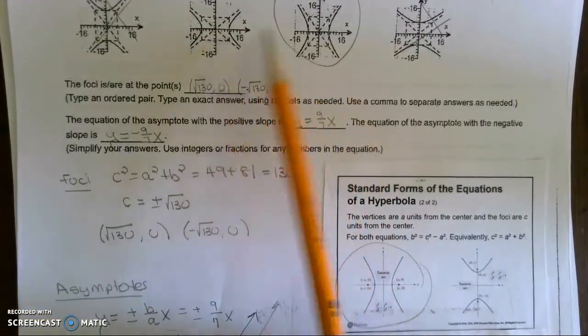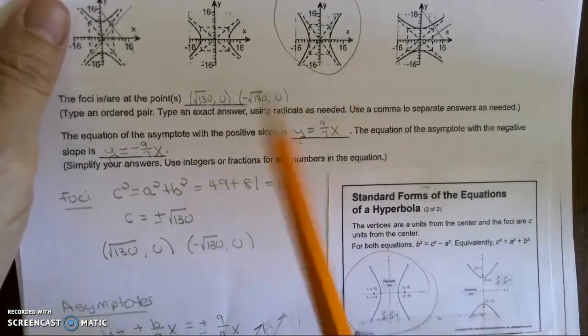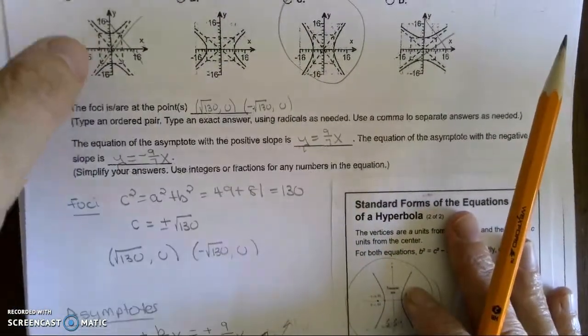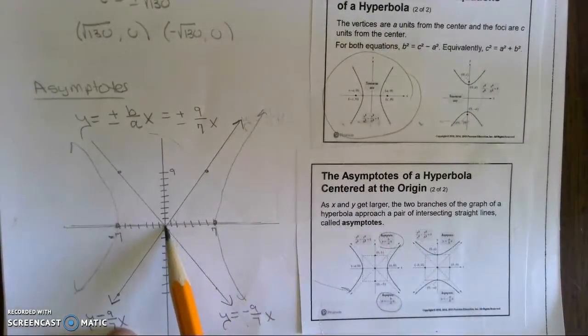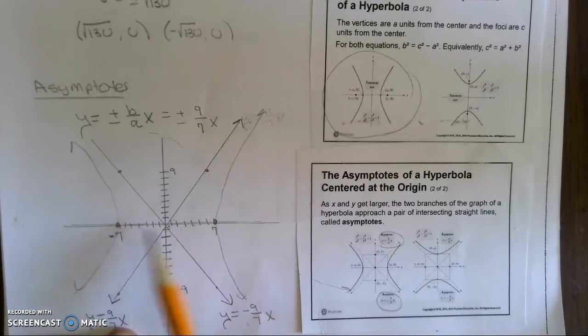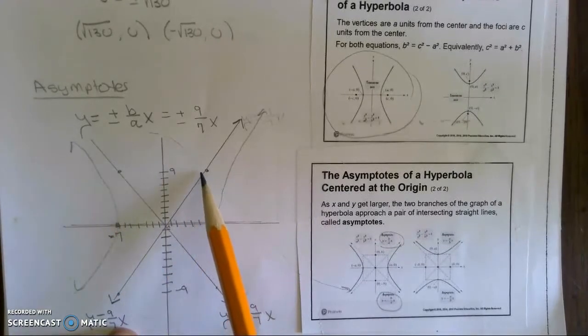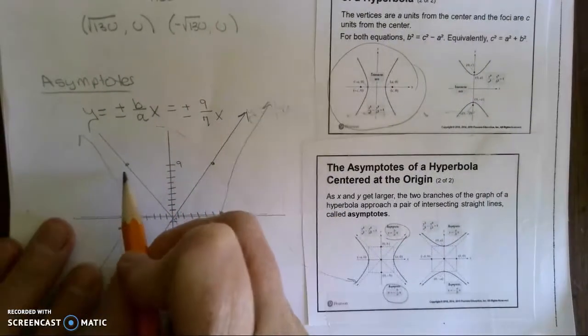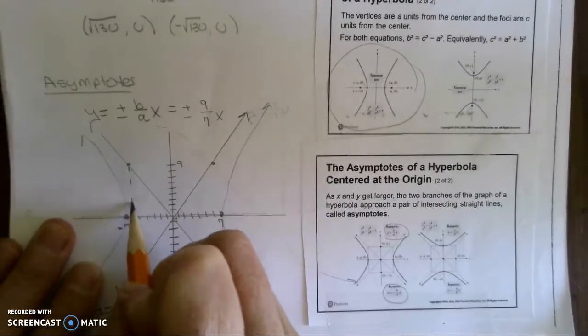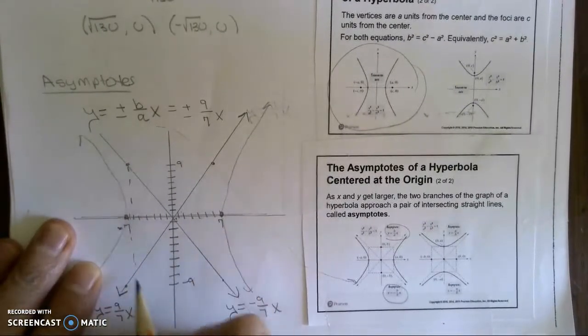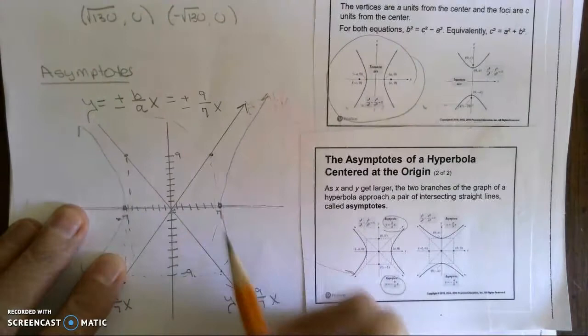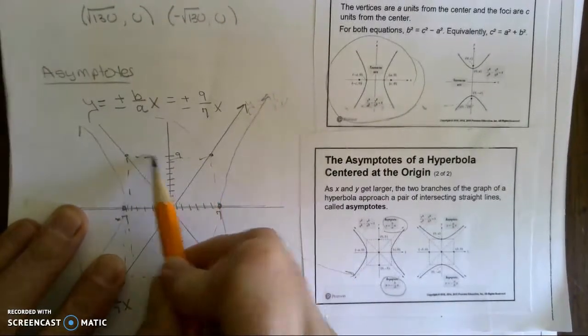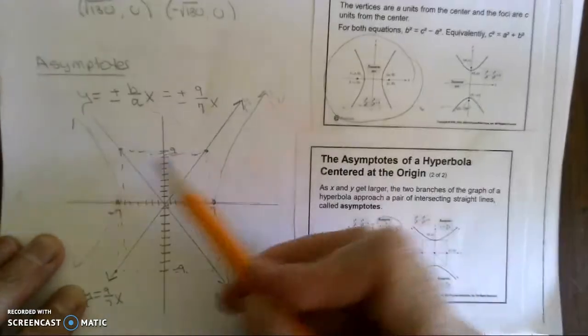Now to figure out which one of these is correct, they have these rectangles in here, and they explain this in the book too, and this is how I was taught. If you start in the middle, you go left and right 7, up and down 9, you have this rectangle here, and then the asymptotes go right through the diagonals.